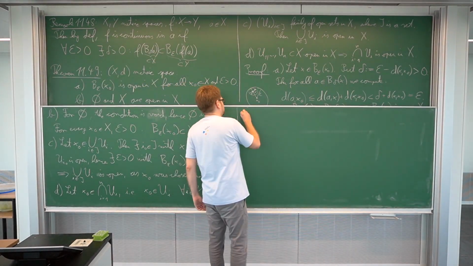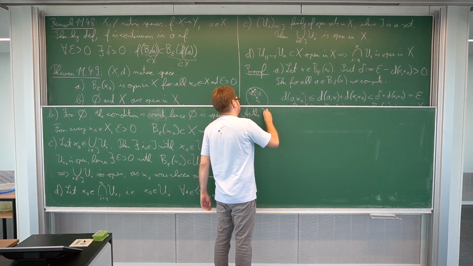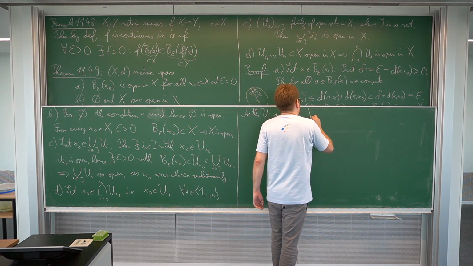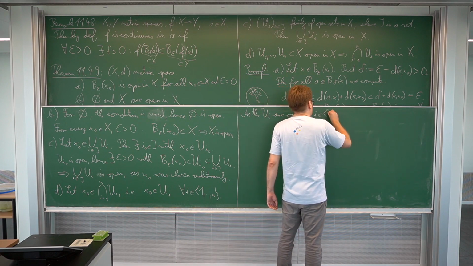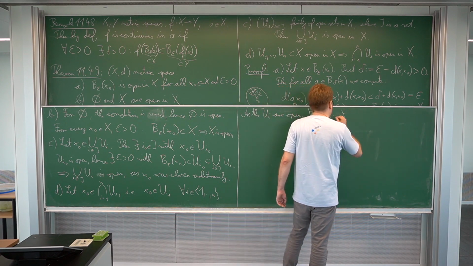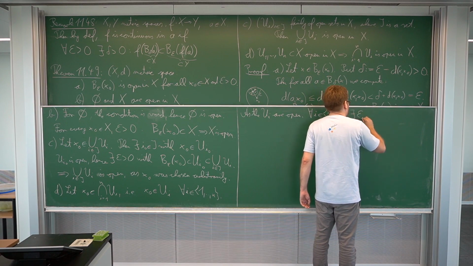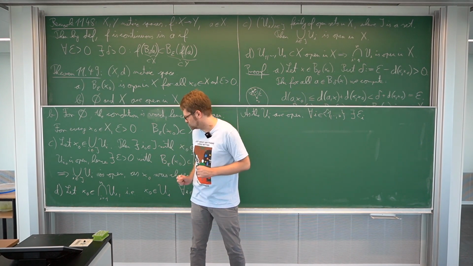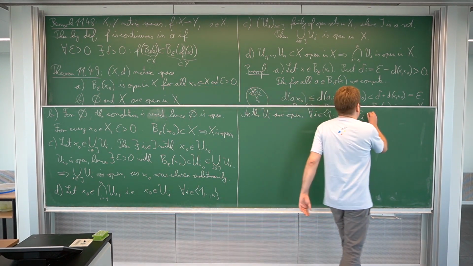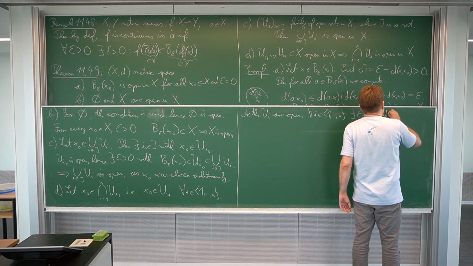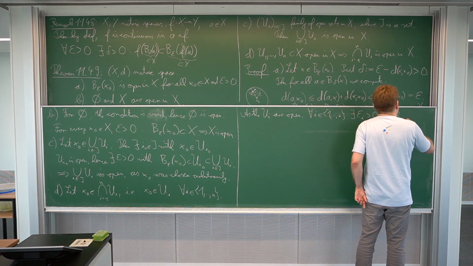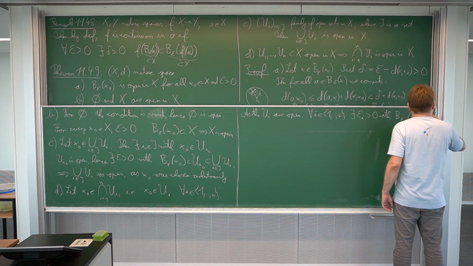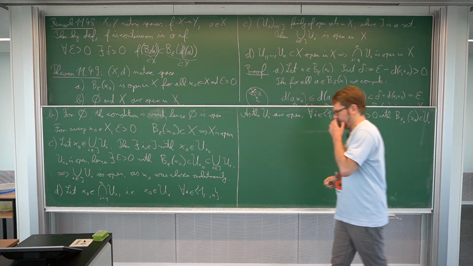And since the ui are open, then we know for every i between 1 and n, there exists some epsilon i bigger than 0 with B epsilon i of x0 contained in ui, because each one of them is open. So for everyone we have an individual epsilon.